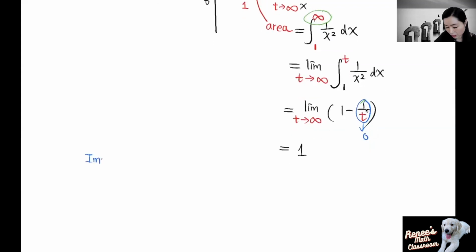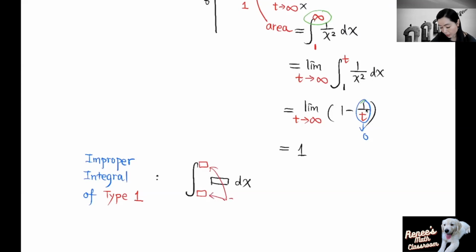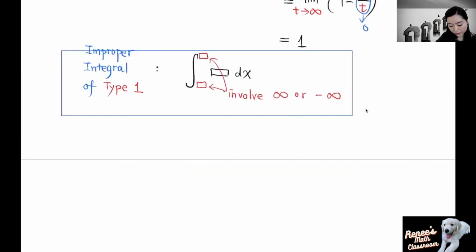So this is improper. When the upper limit or the lower limit here involves infinity or negative infinity, this is the improper integral of type 1. So as you can see, this is called type 1. So we must have another type, right? Type 2 coming. Okay. Question?